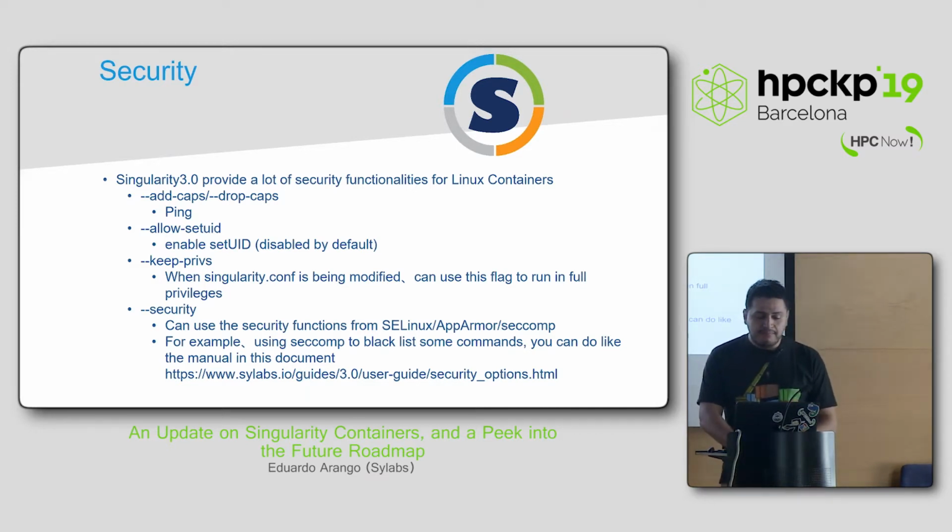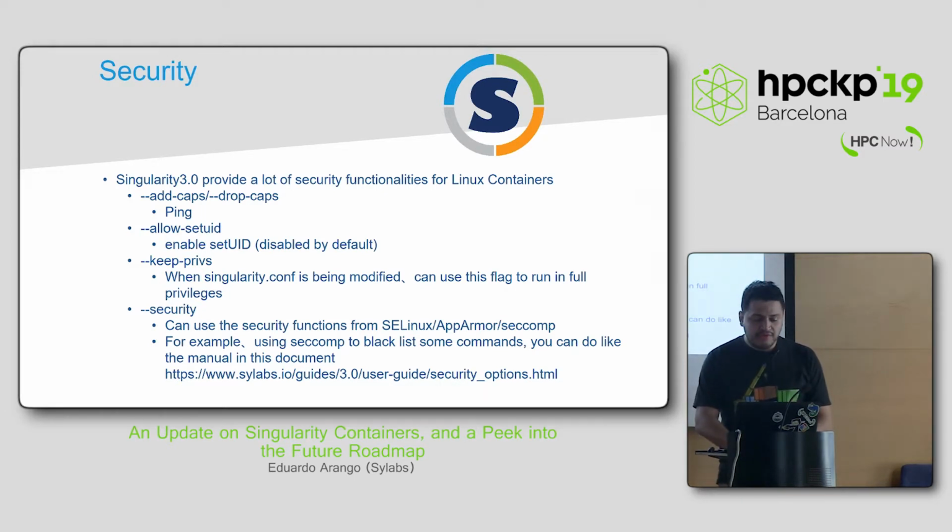You can keep privileges. This is really thought for people running Singularity inside Singularity for CI or testing purposes. So if you want to run Singularity inside Singularity, to use the full kernel capabilities, you just pass this keep privileges option and you will have all the kernel privileges inside the container.